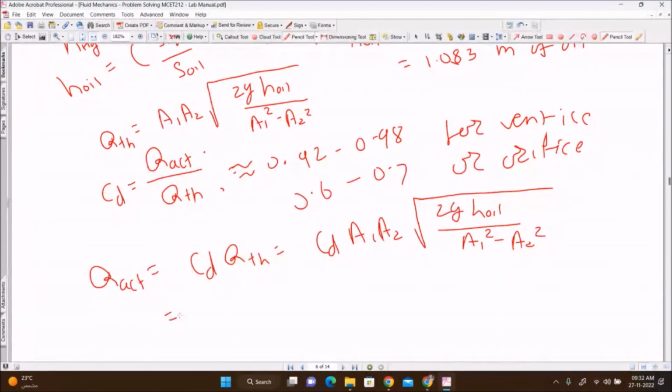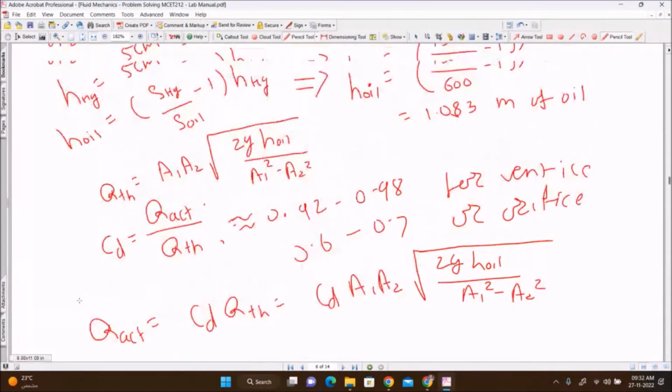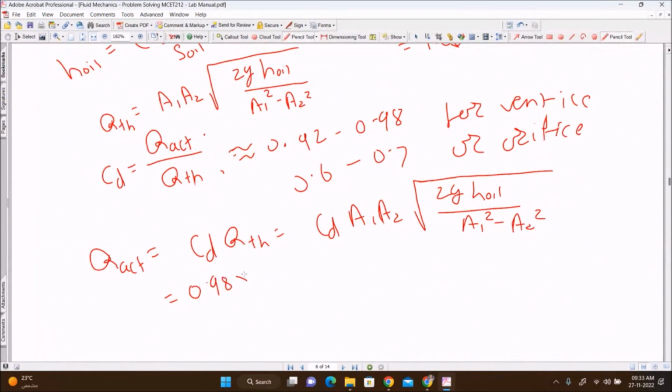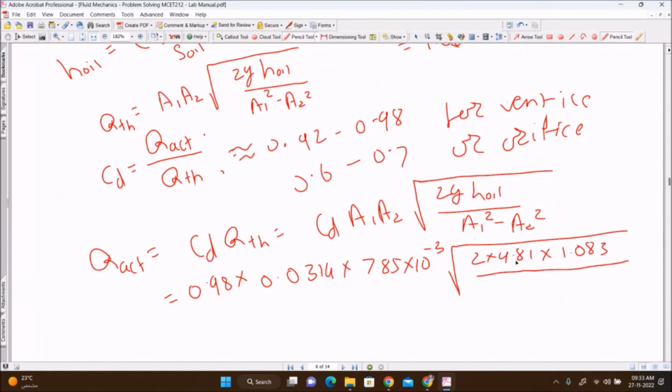Put the values now. CD is given as 0.98 into area 0.0314 into 0. Whole square, keep the bracket here, and it is under root everything.